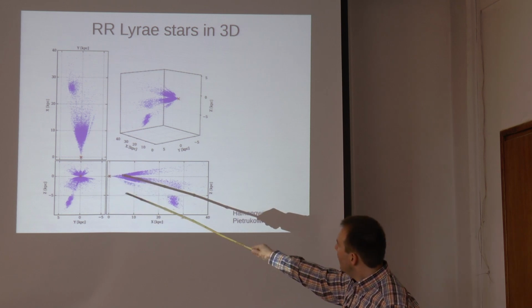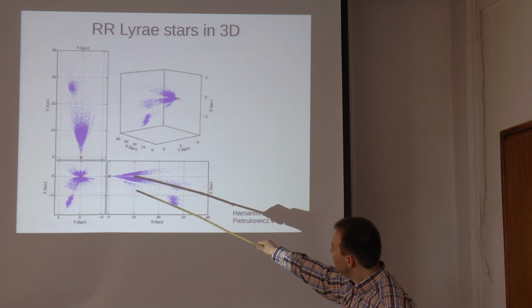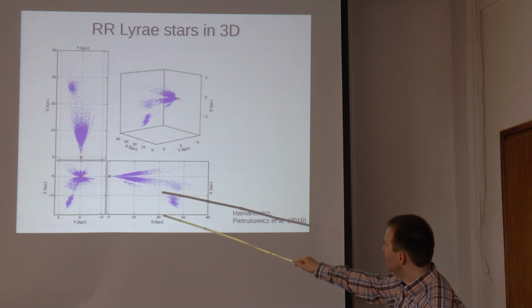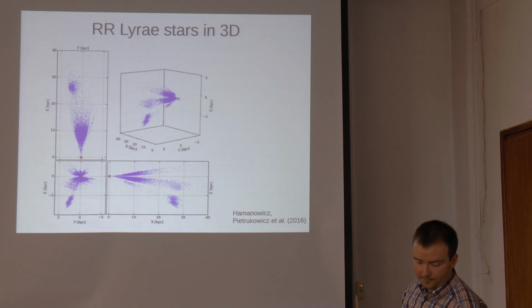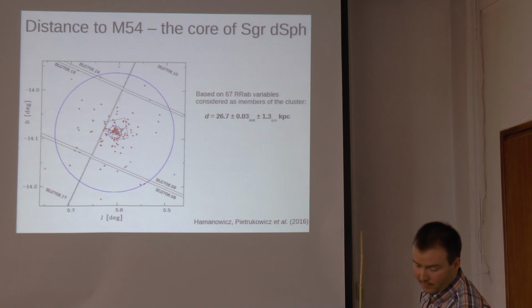So here we are. Here is the galactic center, it is not seen by us because this is close to the galactic plane, and the Sagittarius dwarf is disrupted. And with these stars, we also measured the distance to the Sagittarius dwarf with my student.